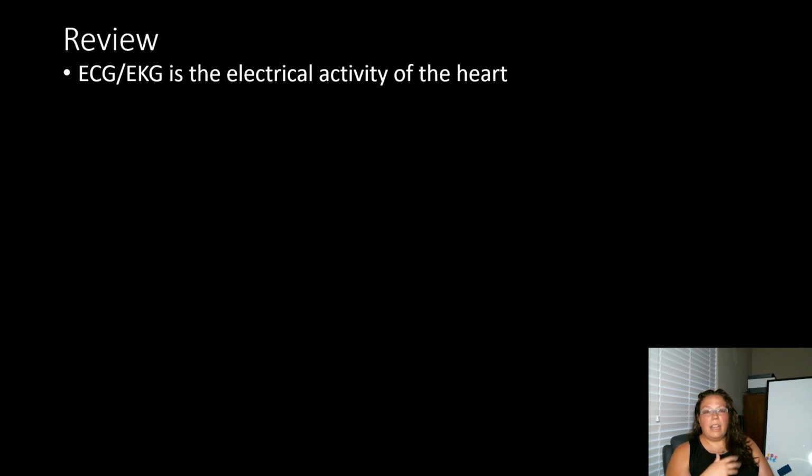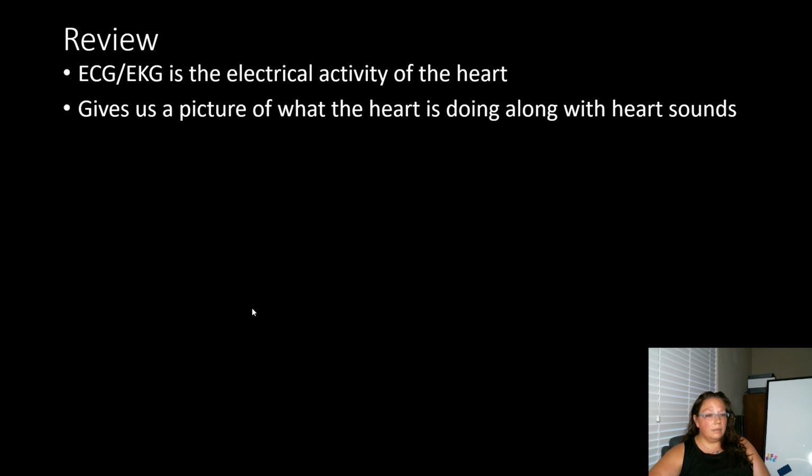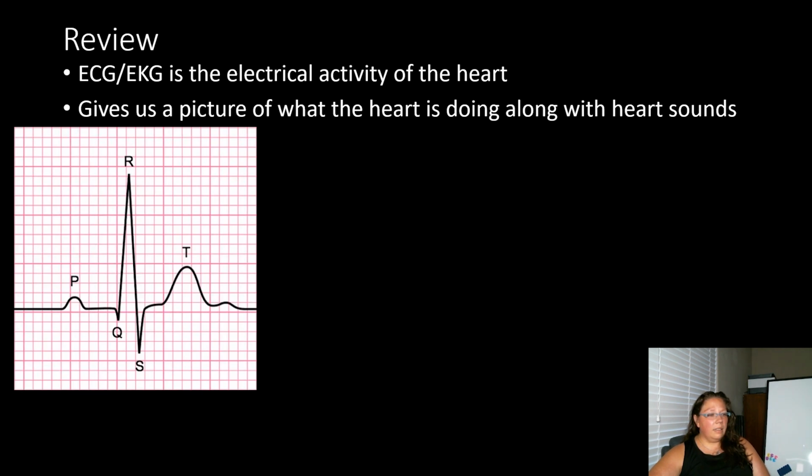You know, we can't cut open everyone's chest to see what's really going on. So this gives us a snapshot of some of the things that we are seeing with the heart, along with heart sounds and whatnot. So EKGs are the electrical activity of the heart. I already said that.